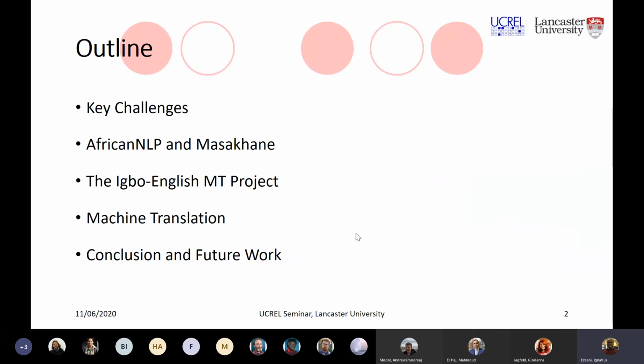Oftentimes, what we have is machine translation systems built with synthetic data collected off the web and deployed like that without actually testing to see whether it solves the problem that they're expected to solve.